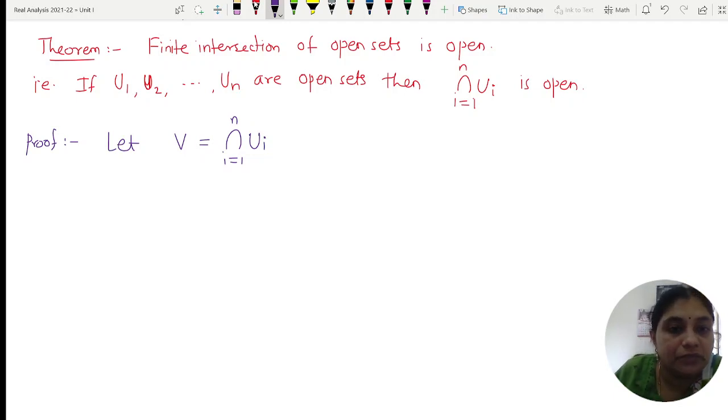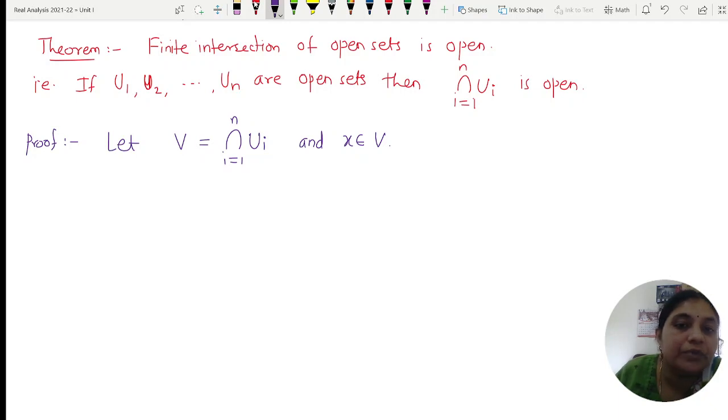Again, start with an arbitrary element from V. So take x belonging to V. For this x, I want to find some open ball with center x which is totally contained in V. Then I can say this V is an open set.